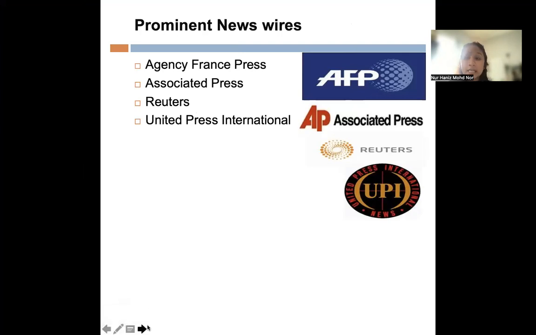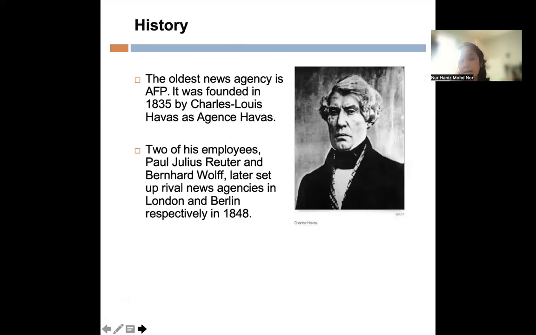In the global communication context, Agence France-Presse, Associated Press, and Reuters are the three main global news agencies that people should know. As journalists, if you study journalism, you would want to work in these three global news agencies, as they are very established and reputable.